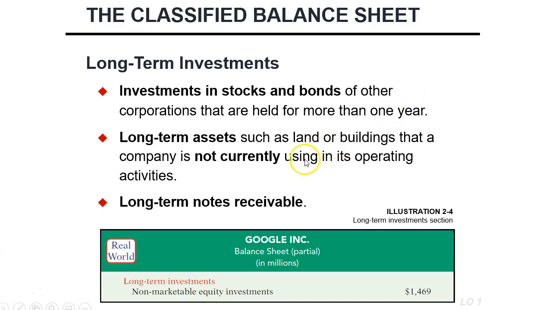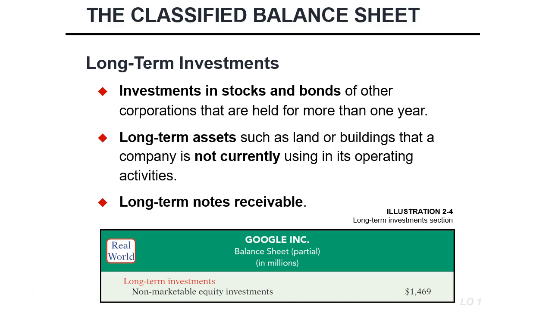Or if I purchase land or buildings that are not currently being used for operations, but the goal is to keep these items and to sell at a later date. So perhaps we're going to buy land now because we feel that the value is going to appreciate over time and that we can sell it at a profit at a later date.